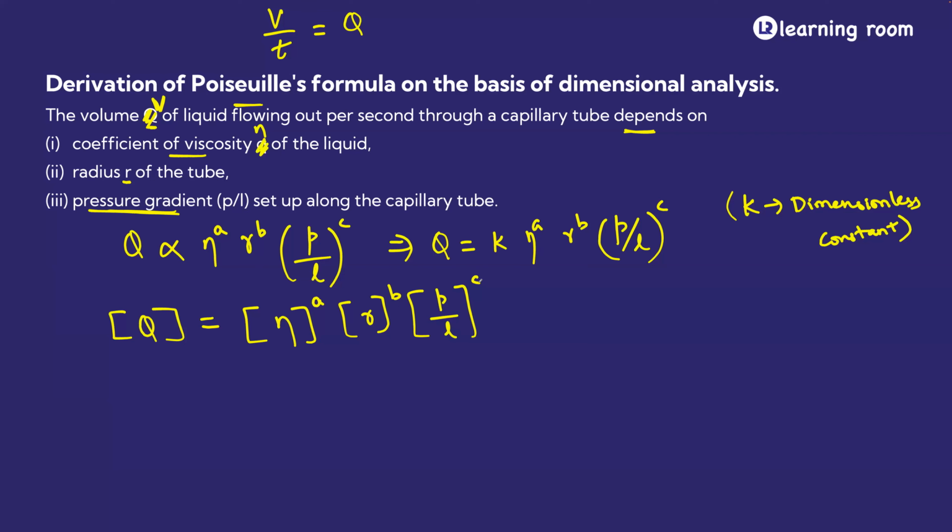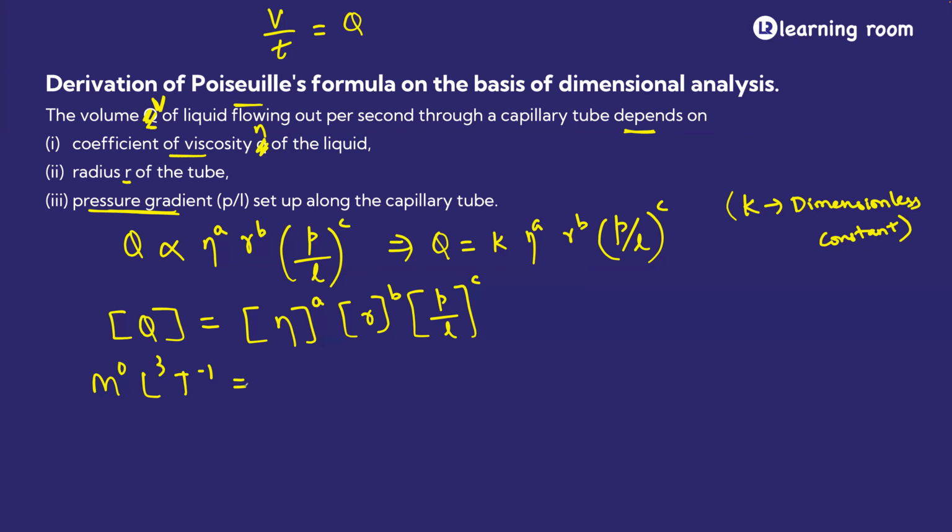Now you tell me what is going to be the dimensional formula of Q. Q is what? Rate of flow of liquid. So amount of volume flowing per unit time. Volume's unit is meter cube, so it is going to be L cube. So L cube T minus 1. So M is going to have a power of 0.